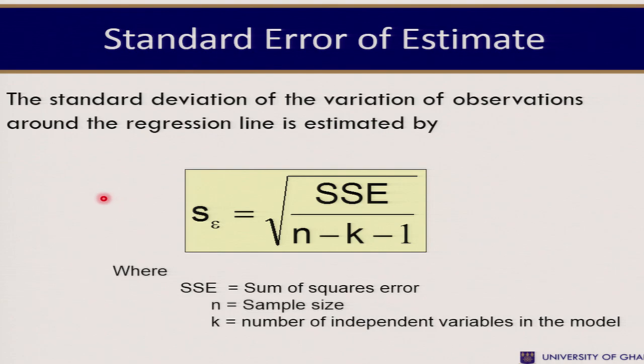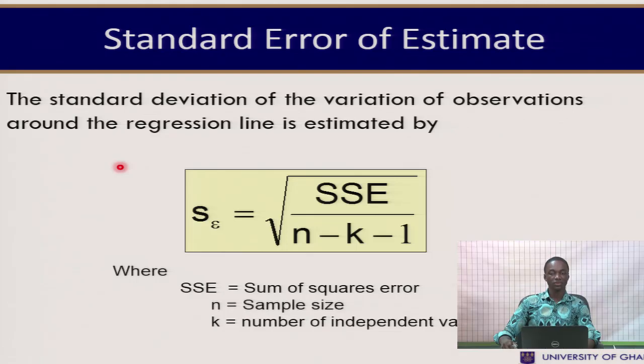We can also calculate the standard error of our estimates, and it is given as the standard deviation of the variation of observations, and is given as the square root of SSE divided by the sample size minus k minus 1, where k is the number of independent variables. Because we are dealing with a simple linear regression, our k is 1 because there's only one independent variable.